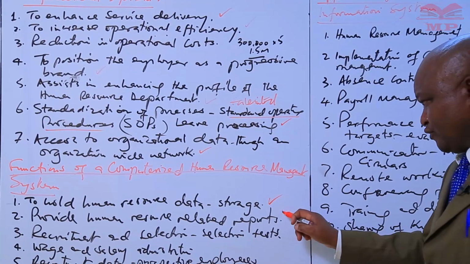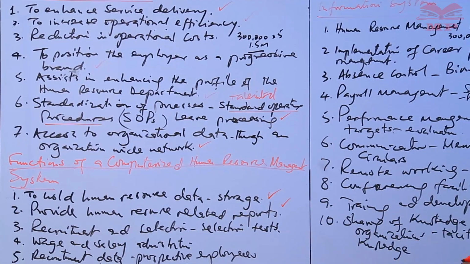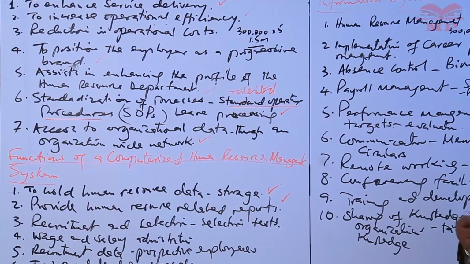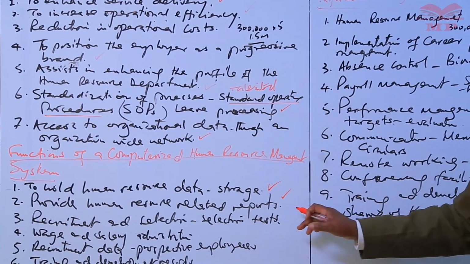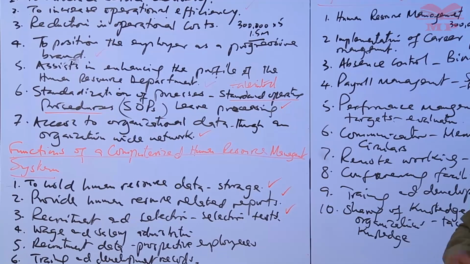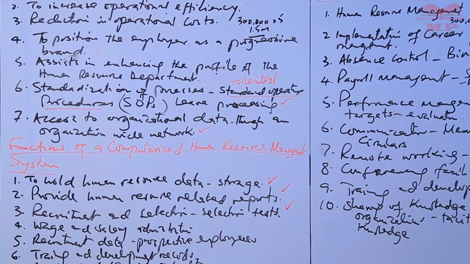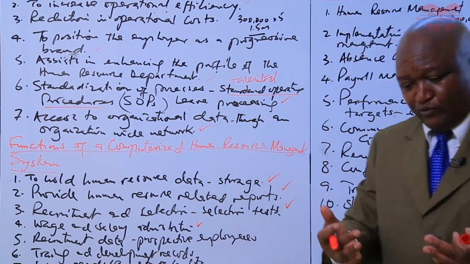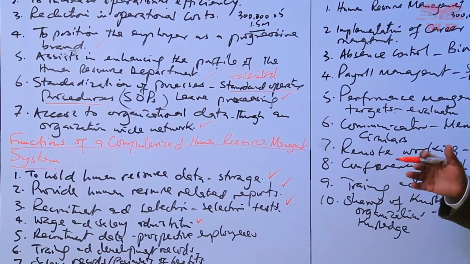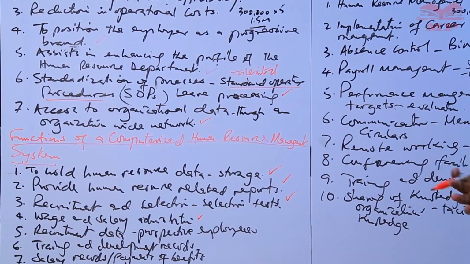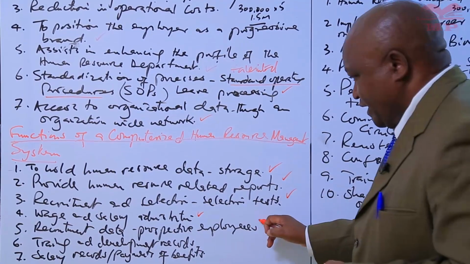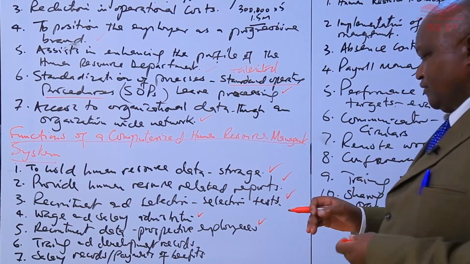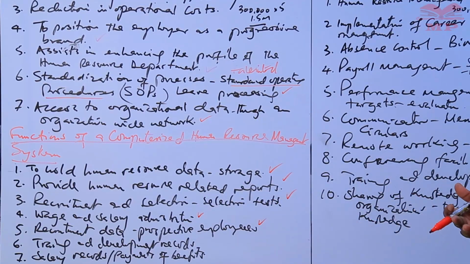Then number 3, can be used in terms of the recruitment and selection processes, for example, to conduct selection tests. Then number 4, wage and salary administration, for example, when it comes to negotiating with the trade unions, that becomes very critical. Then number 5, recruitment data, especially for prospective employees.